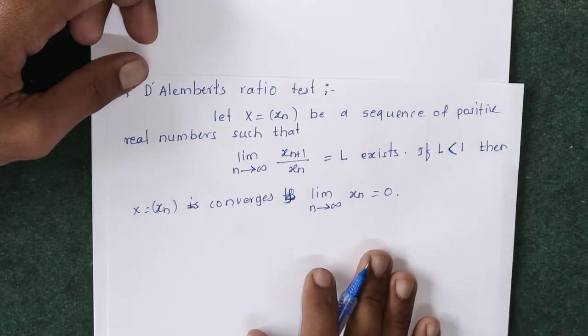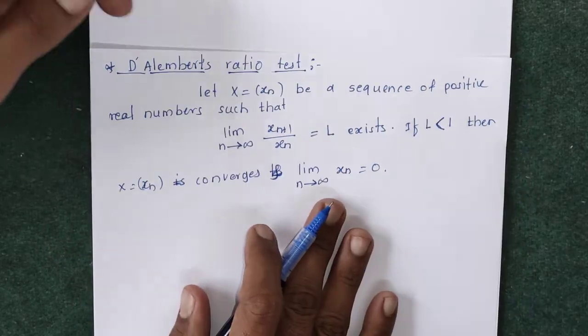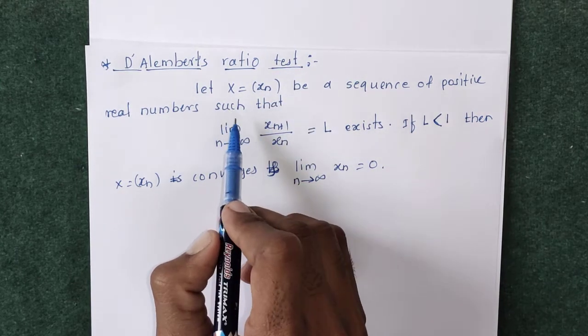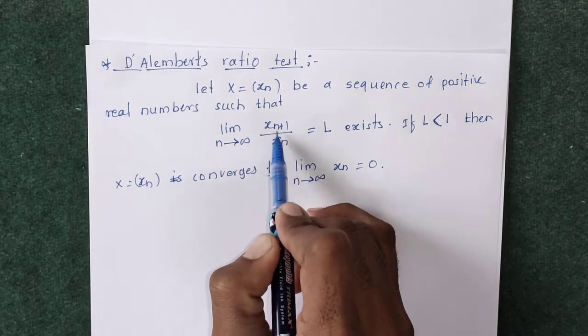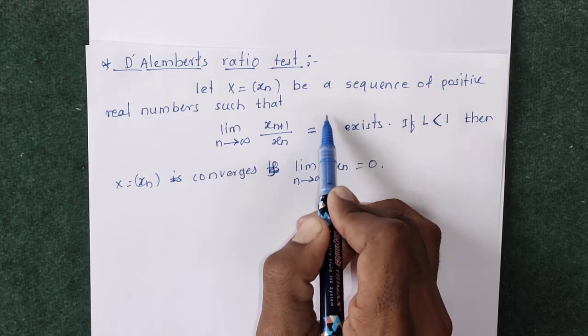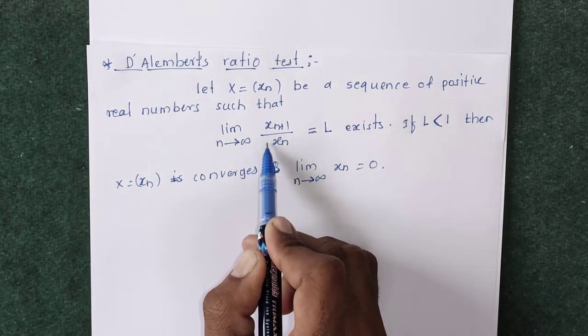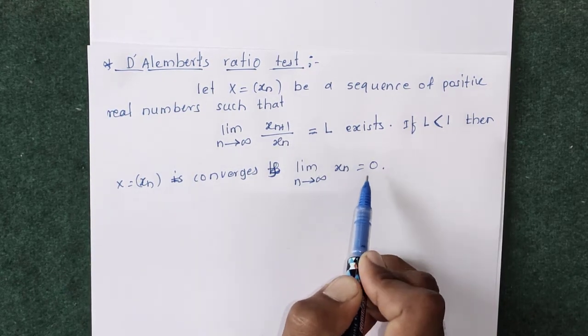This is the D'Alembert's ratio test for the convergence of sequence. We have a sequence xn of positive real numbers. If the limit of xn+1 upon xn is equal to L, this limit exists, and it is less than 1, then we can say that the given sequence xn is convergent, and also the limit of xn is equal to 0.